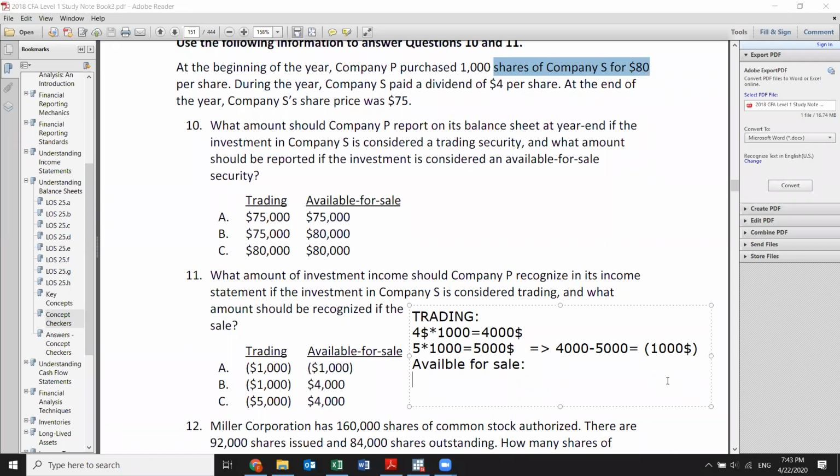We purchase them to keep for a while and then resell, not till the end of the maturity, but for a while. So we will care only about the dividend payment, which is 4 times 1,000, equal to $4,000. So we can see that it is B, minus 1,000 and 4,000.